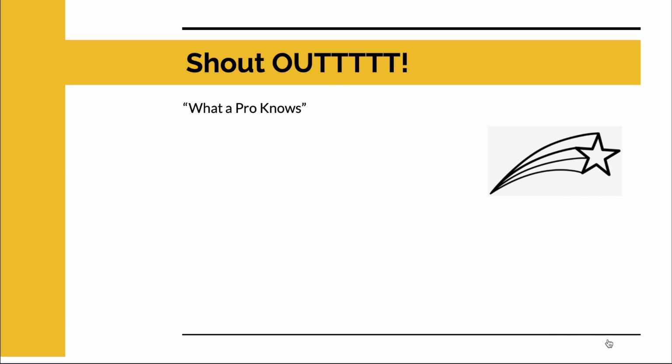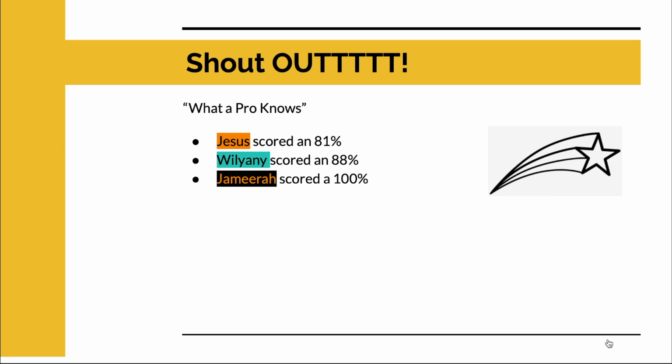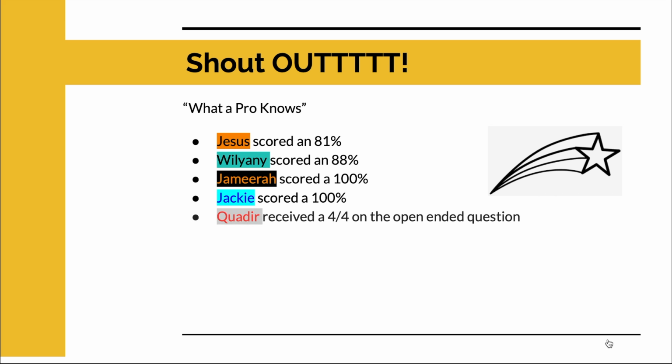I have a huge shout out. These are the following students who did really well on the article What a Pro Knows. Jesus scored a beautiful 81%. Liliani scored an 88%. Jamira scored a 100%. Jackie scored a 100%. Quadir received a 4 out of 4 on his open-ended question.